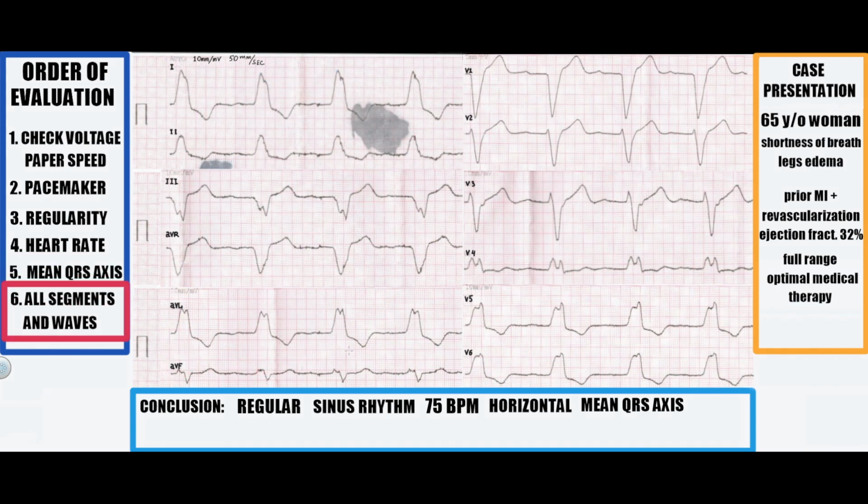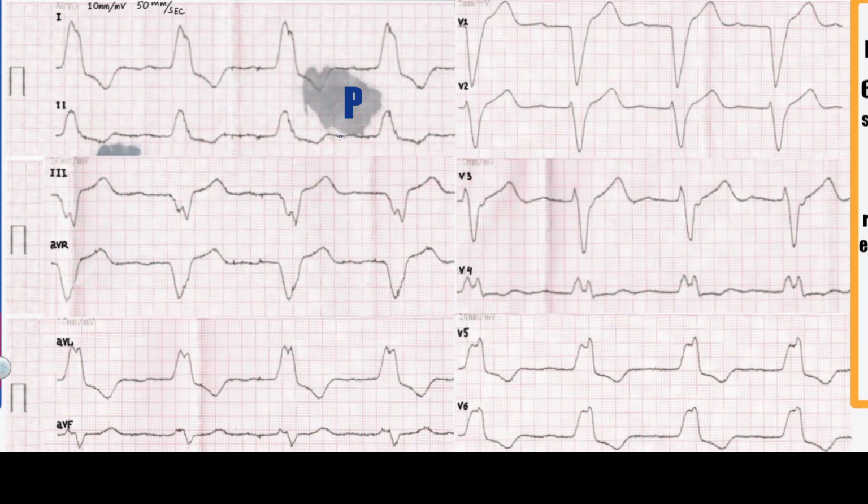Next step is one-by-one evaluation of all waves and segments. The first is the P wave. Duration of the P wave is 0.1 second, which is normal. Remember that the upper limit is 0.12 second. Normal P wave amplitude should be less than 2.5 mm, as in our example.